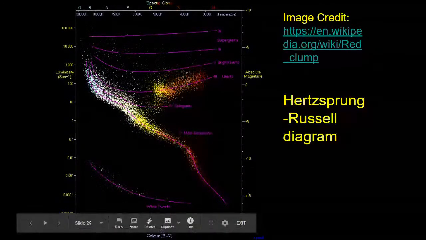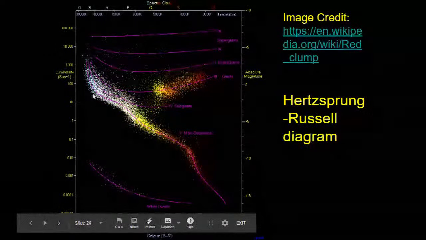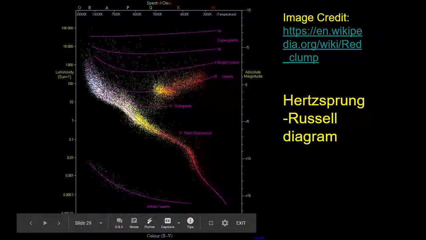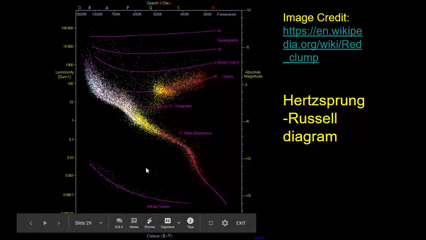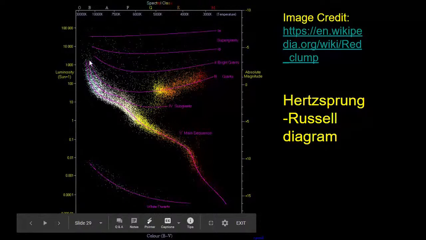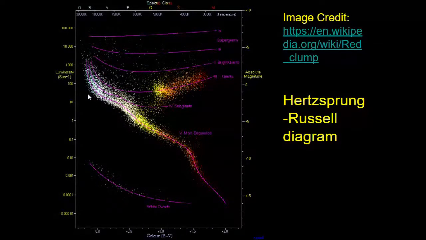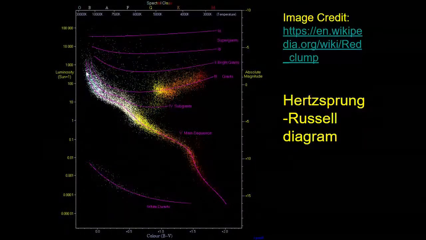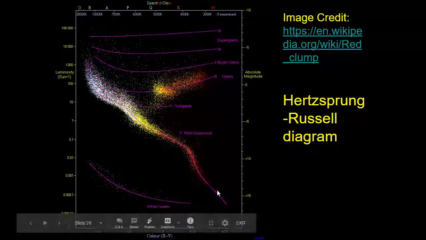That means they are bluer. Remember, this is magnitude at blue filter minus magnitude at the visible filter. Therefore, more luminous stars, main sequence stars, appear to be bluer compared to main sequence stars whose luminosity is not very high.